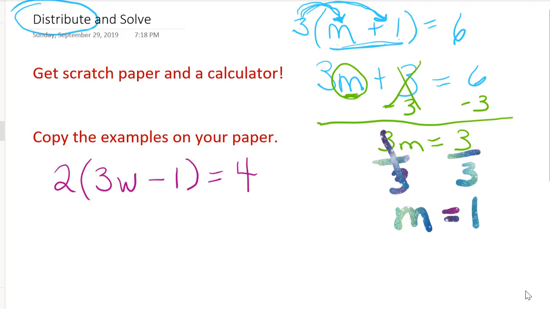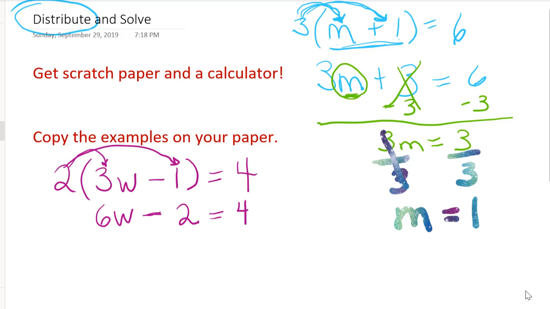So here, you're going to distribute first. Parentheses mean multiply. So you're going to go 2 by 3. 2 by 3 is 6. And then you have w. And then 2 by 1. 2 by 1 is 2. And then this minus is going to stay minus because you have a positive and a minus. Equals 4.